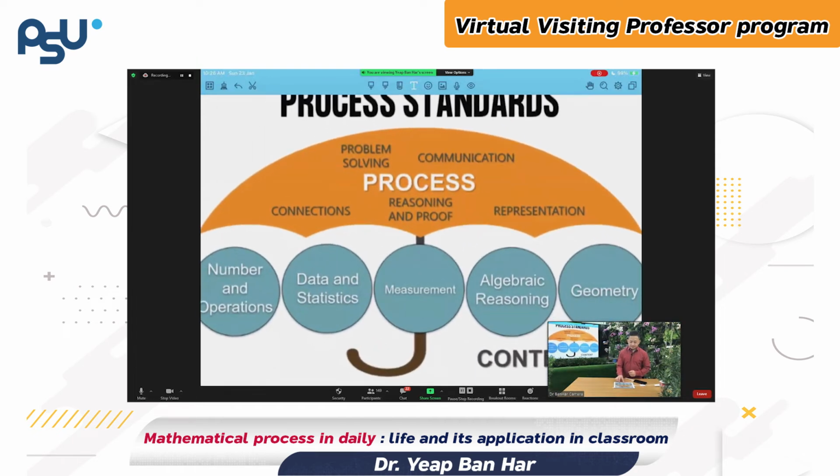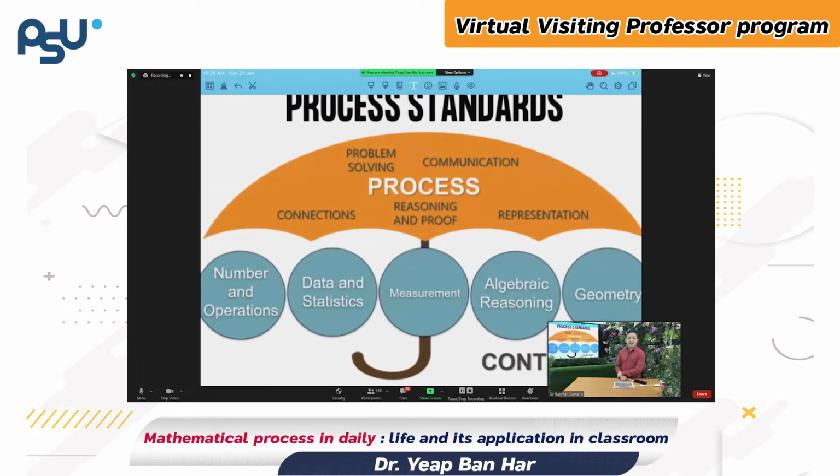And there are 5 process standards in Common Core, including problem solving, communication, making connections, reasoning and proof, and also representation.